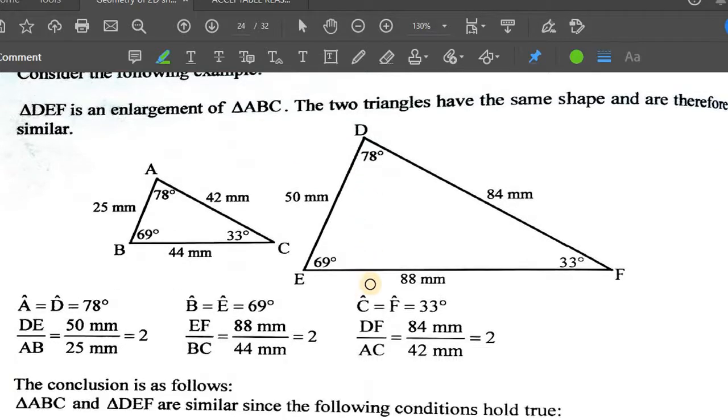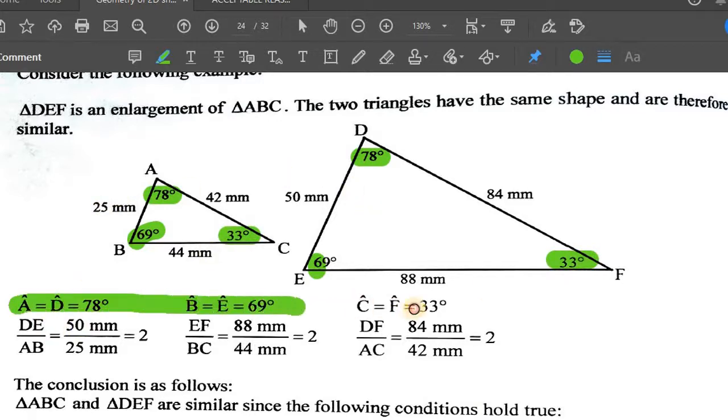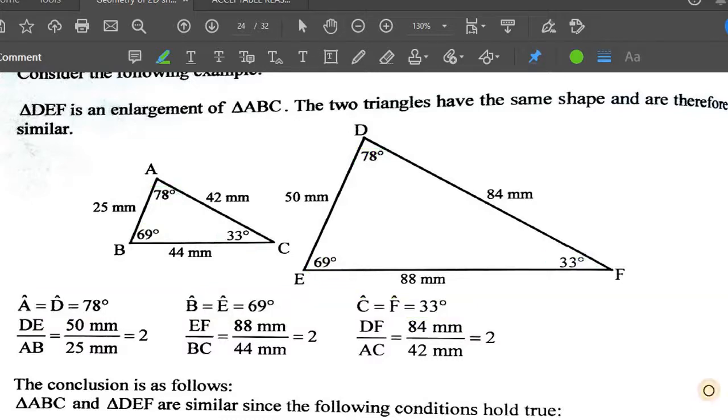Let's investigate. Alright, we've got a 78, angle A is equal to angle D. We got angle B 69, angle E 69, angle C 33, F 33. We can clearly see which angles correspond with each other, right? We definitely know that the angles are corresponding. Now let's look at the sides.